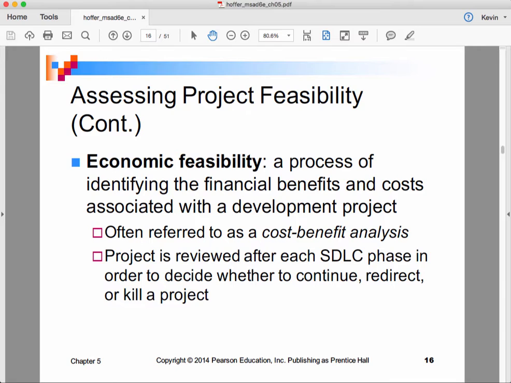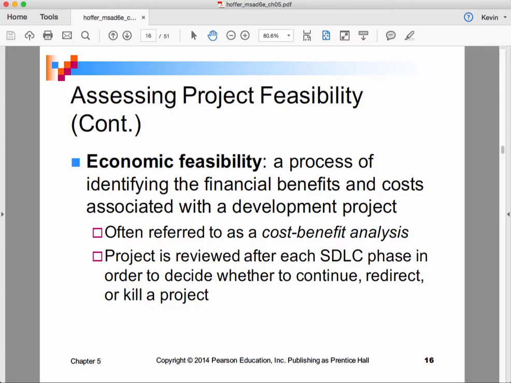So let's talk about the feasibility stuff that we want to satisfy ourselves on. So economic feasibility is the process of identifying the financial benefits and costs associated with the project, often referred to as a cost-benefit analysis. The project is reviewed after each SDLC phase in order to decide whether to continue, redirect or kill a project.